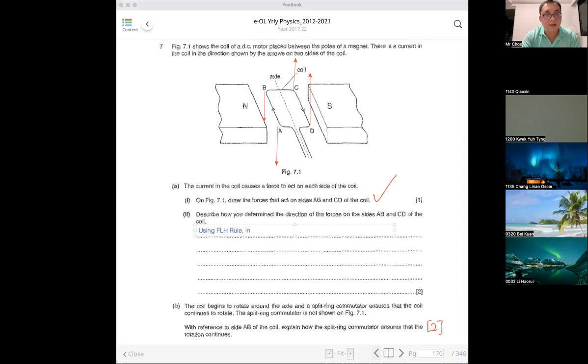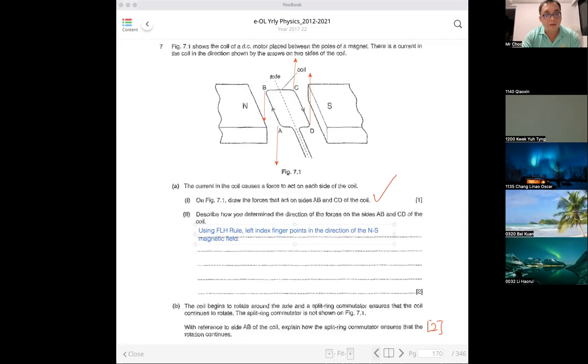So you must say that the left index finger points in the direction of the north-south magnetic field.